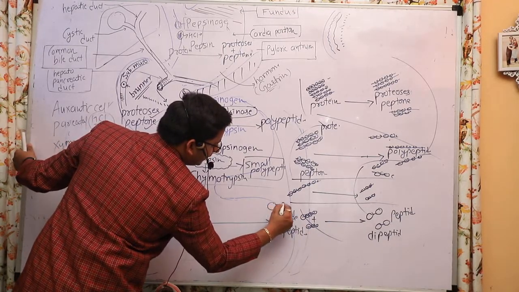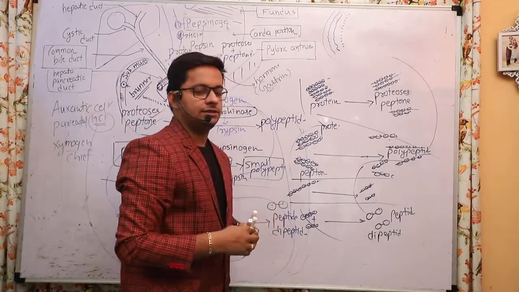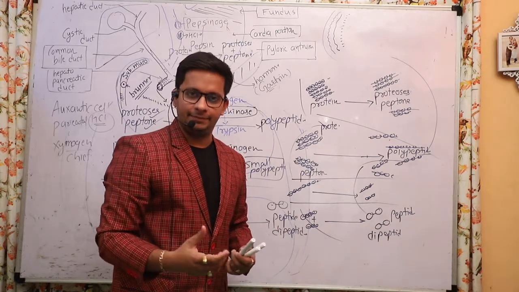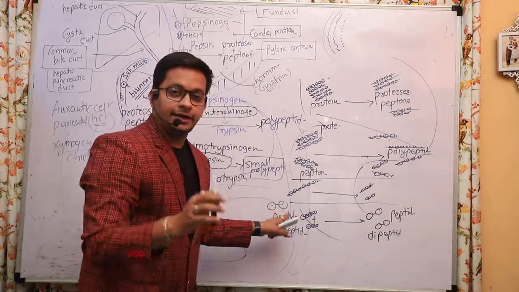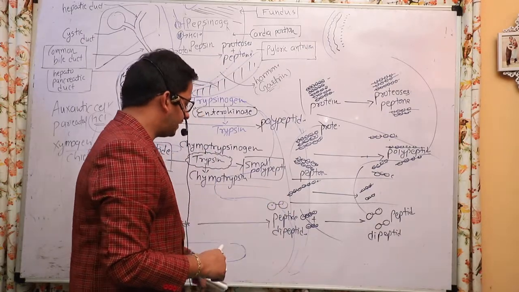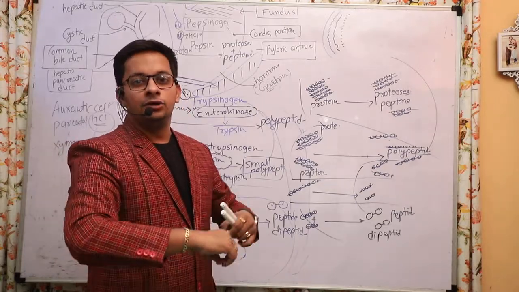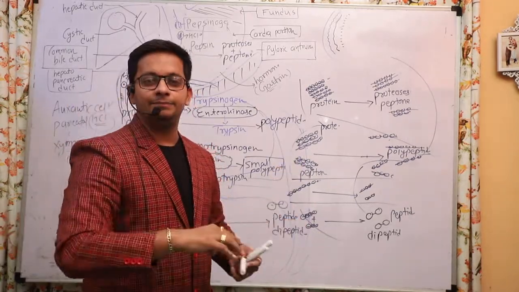What is peptide? The combination of 2 amino acids is called a dipeptide or peptide. Is this complete digestion? No. Next, this dipeptide will convert into amino acid, and at that time protein digestion will be completed.